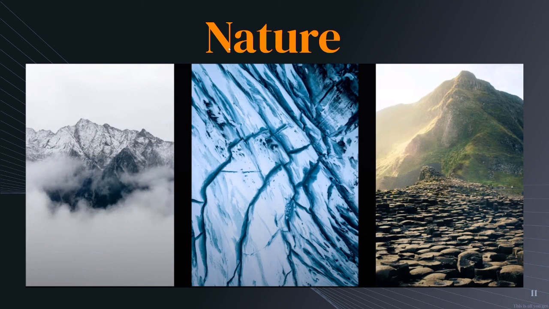In nature, you have a lot of textures and shapes that are made by weathering and breaking down of things, so a lot of these can be achieved through noises or just automatic generation.